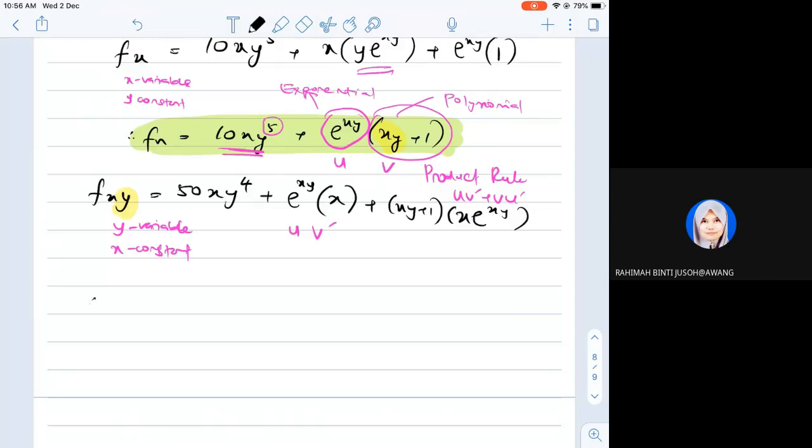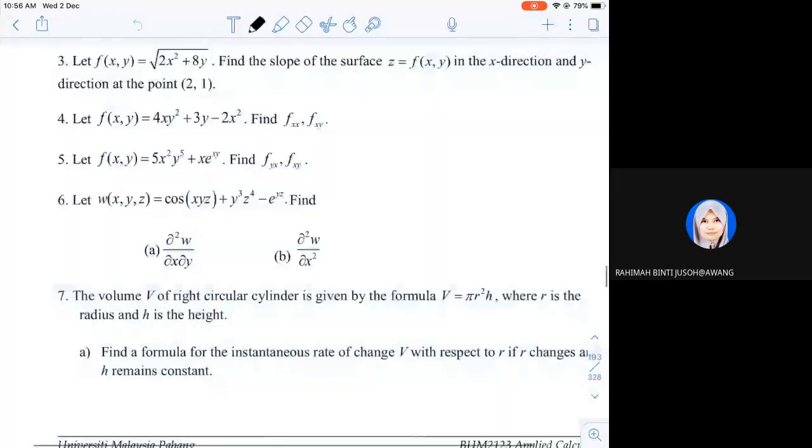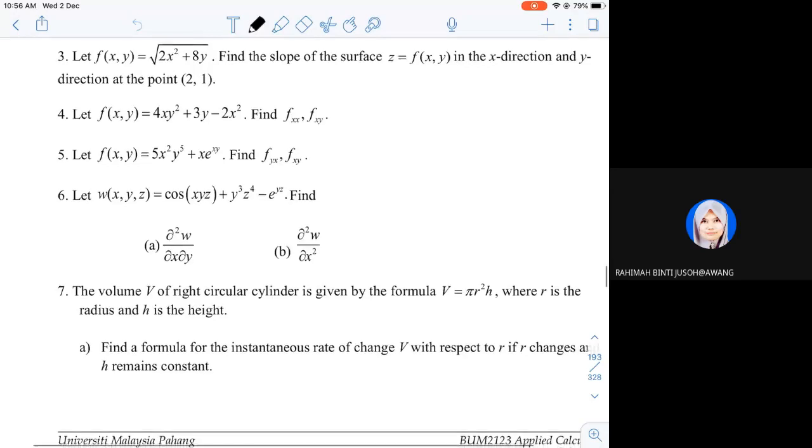So you will have therefore f_y equals to exponent xy, again we can factorize the exponent xy. So you all akan ada exponent xy times x plus xy plus 1. Like this. Okay? Understand, guys? Yes. Okay. Good. So next, f_x sama lah step dia kan?